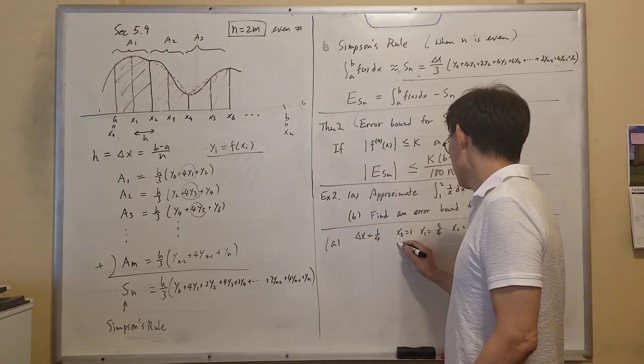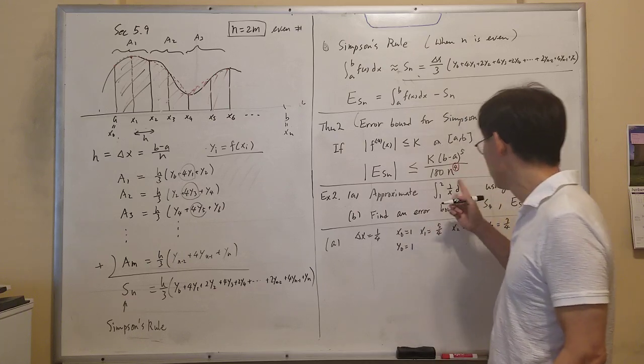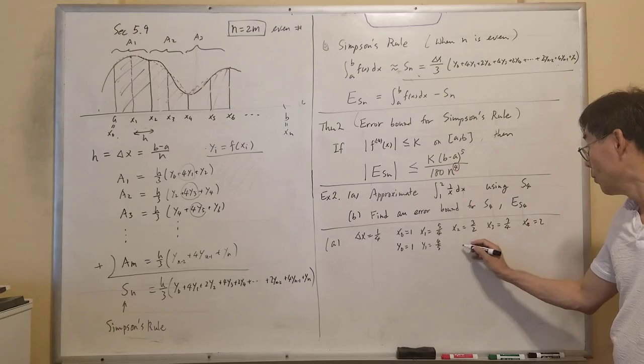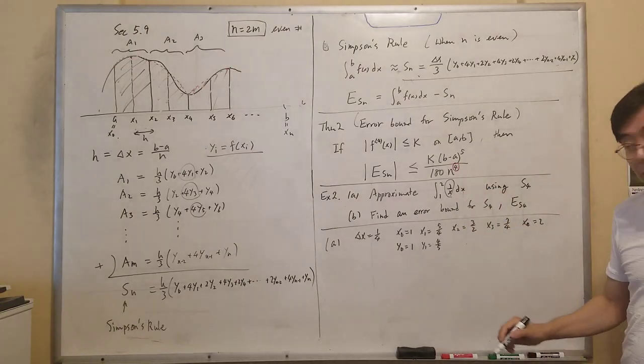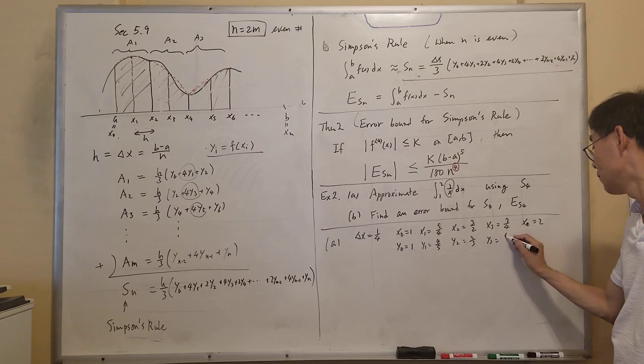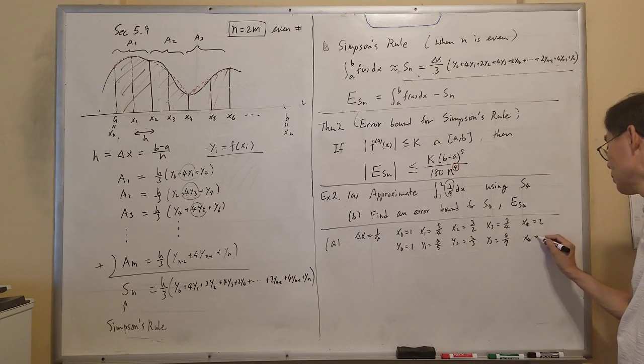Now the corresponding y values will be reciprocals, because your function is 1 over x. y1 equals 4 over 5, y2 will be 2 over 3, y3 equals 4 over 7, y4 equals 1/2.